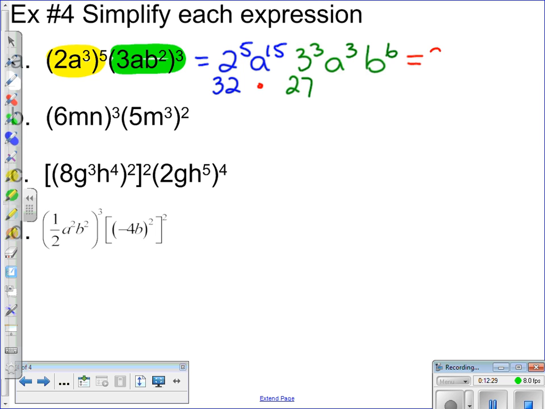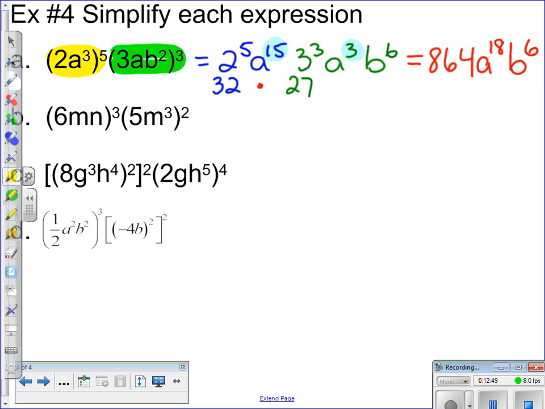That's 864. And then put the 2 a's together. 15 and 3. That makes 18. And the b is at the end. And that's the answer for A.